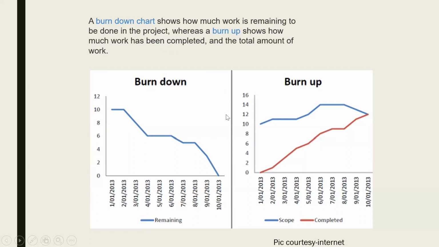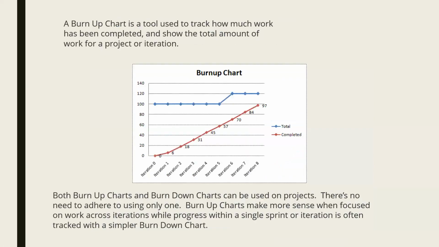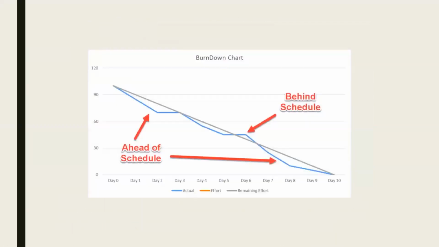In burn down, how can you come to know how much is pending? Yes. At a particular day, let us say here, if you go to our chart also, 80% has been completed, right? So how much completed you want to see, or how much is remaining? How much is remaining? The difference.